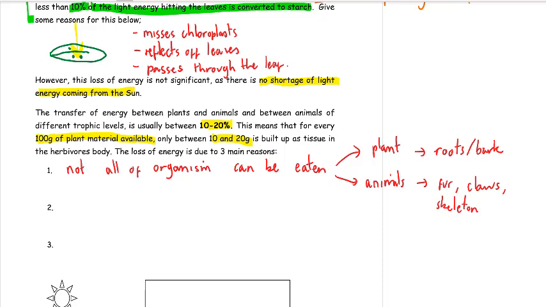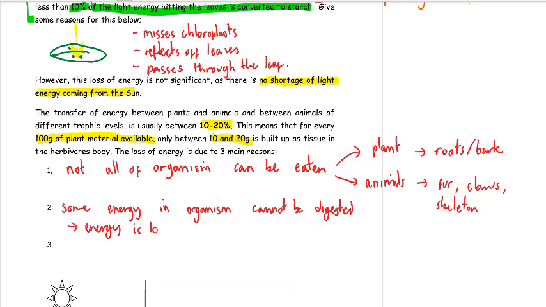As well as that, the second reason is that some of the energy in the organism cannot be digested, so energy is lost in feces, which is undigested food.